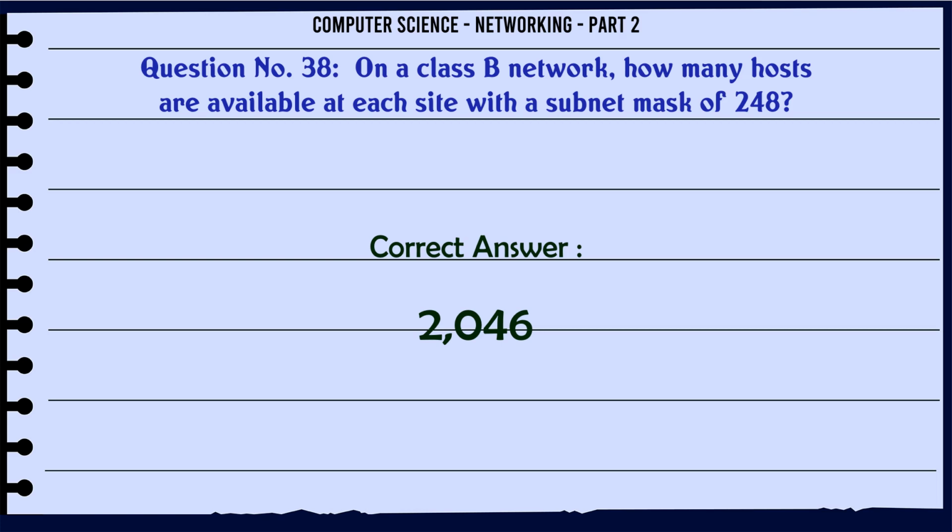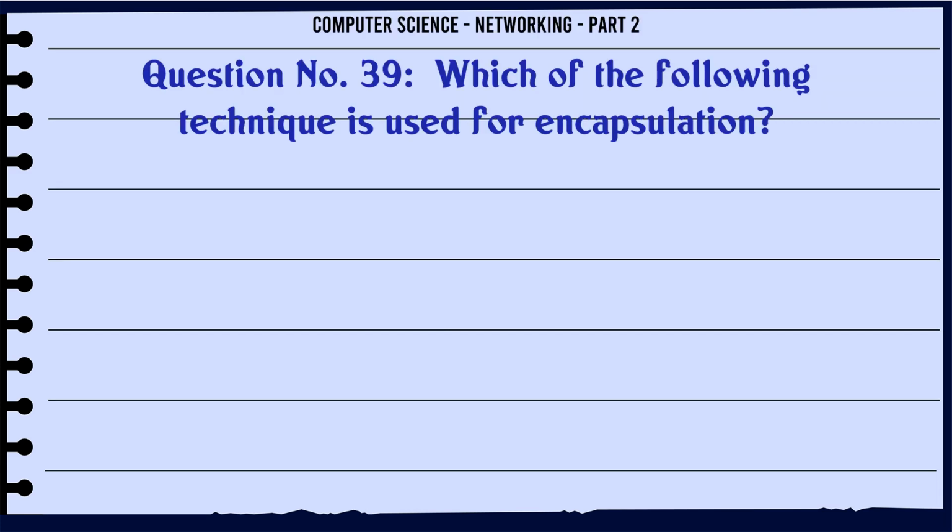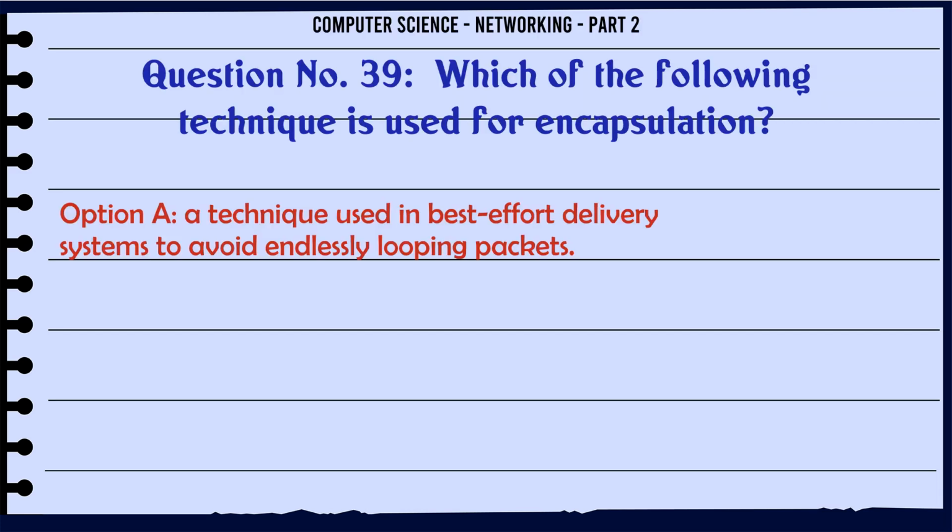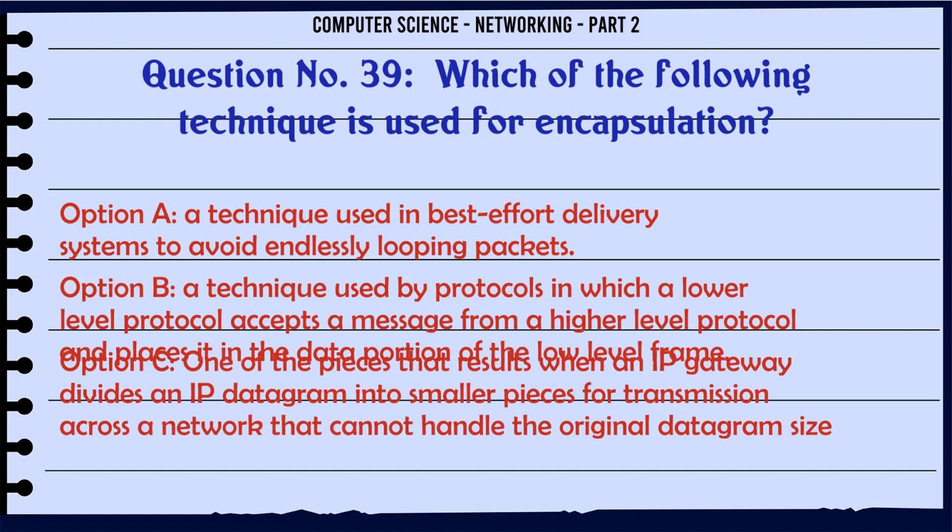Which of the following techniques is used for encapsulation? A. A technique used in best effort delivery systems to avoid endlessly looping packets. B. A technique used by protocols in which a lower-level protocol accepts a message from a higher-level protocol and places it in the data portion of the low-level frame.